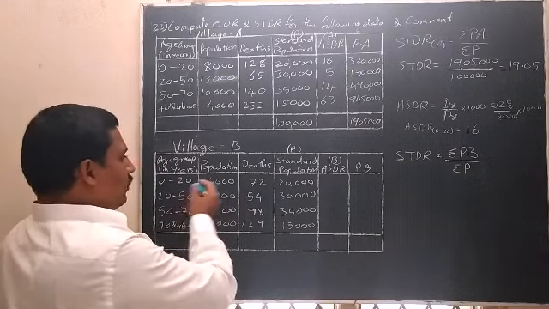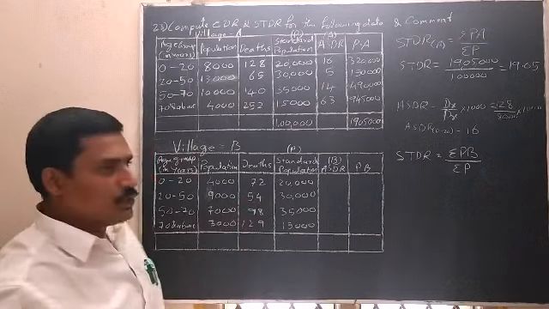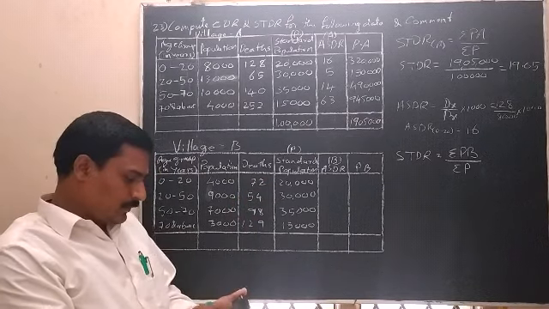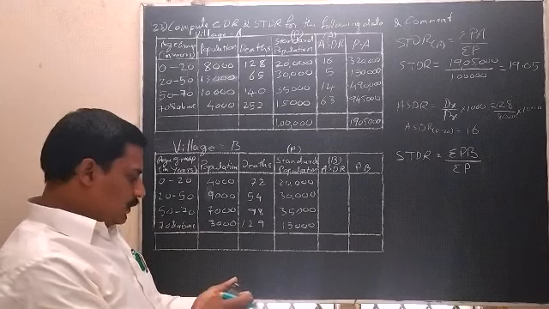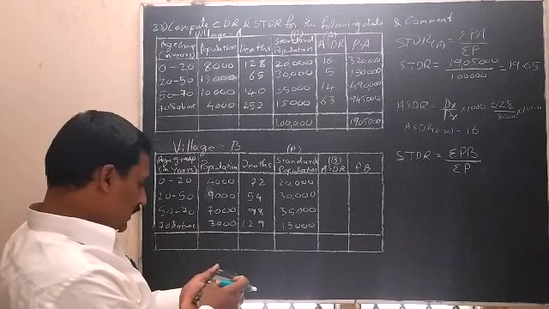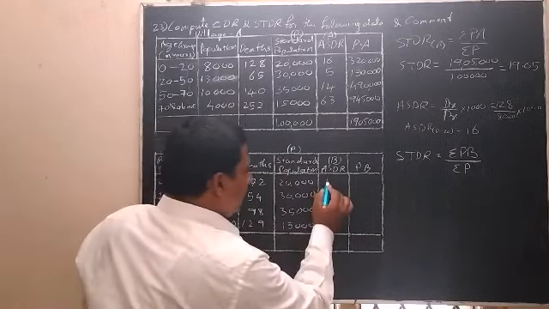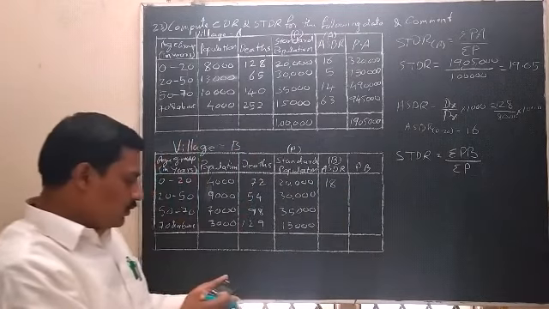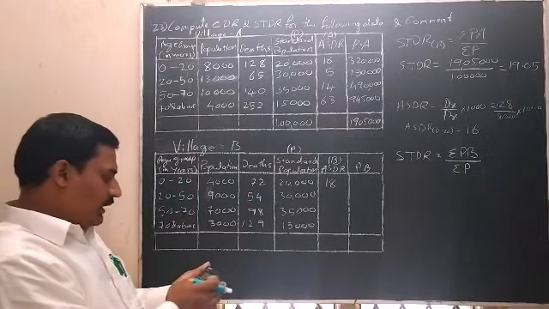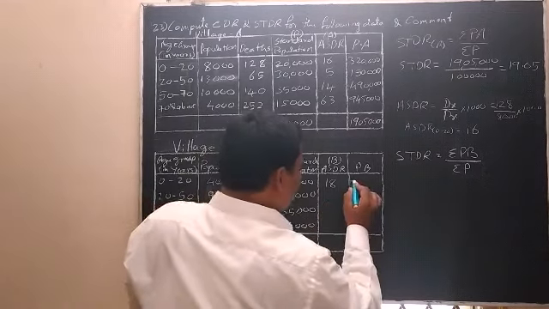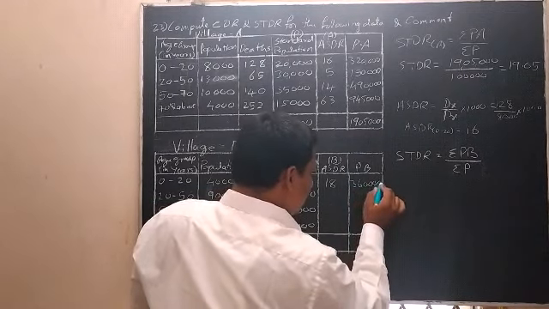First age group 0 to 20, 72 are the deaths. So 72 divided by 4000 into 1000 is equal to 18. 18 into 20,000 is equal to 3,60,000.